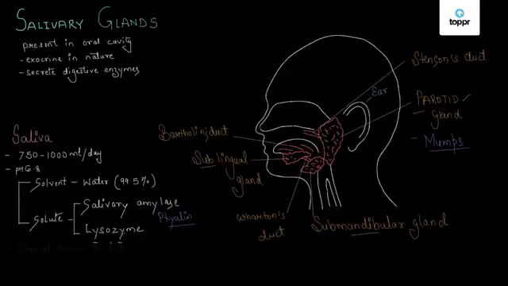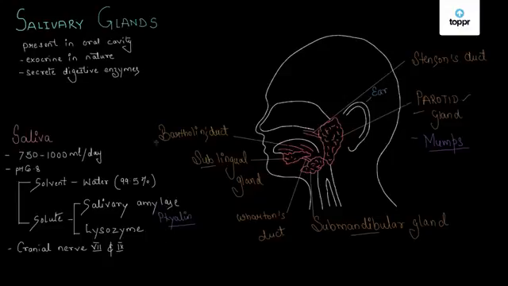Now moving forward, the process of salivation is stimulated by two cranial nerves, the 7th and 9th cranial nerves. Cranial nerves means that these nerves arise from the brain, and these two, the 7th and the 9th, basically help in stimulating the process of salivation.